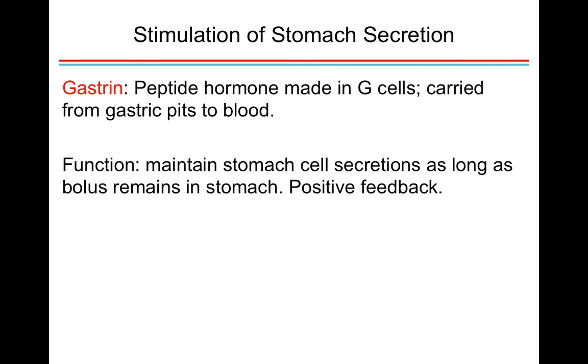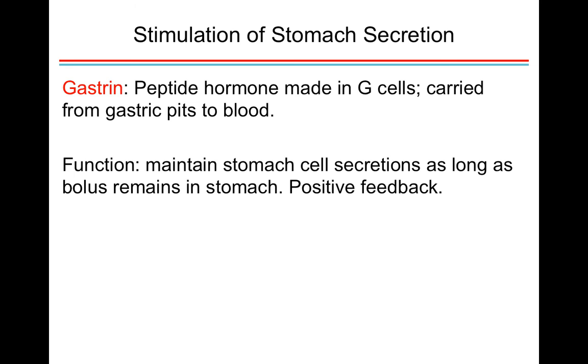I just want to also mention what gastrin does, that is the peptide hormone made in G cells. And I mentioned that that does stimulate the secretion of hydrochloric acid and pepsin. It also critically helps to maintain these secretions for as long as the bolus remains in the stomach. So this is really a positive feedback.